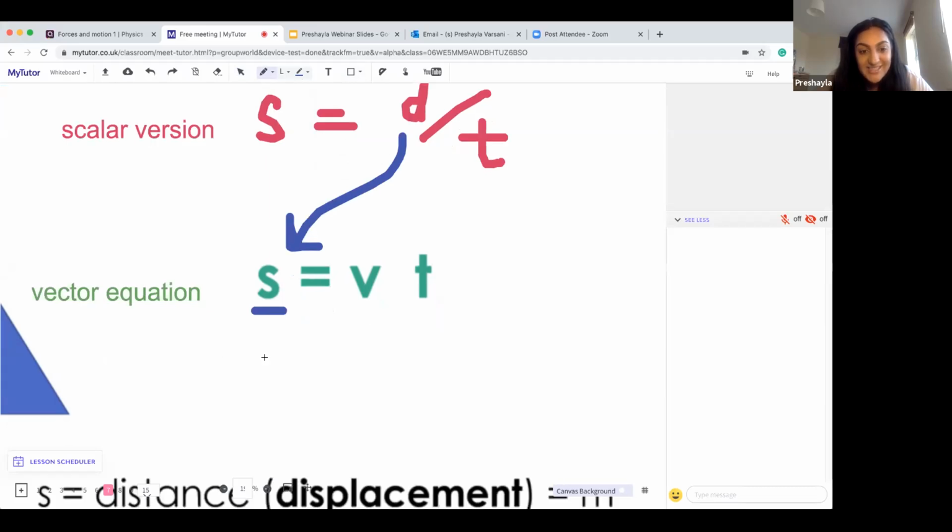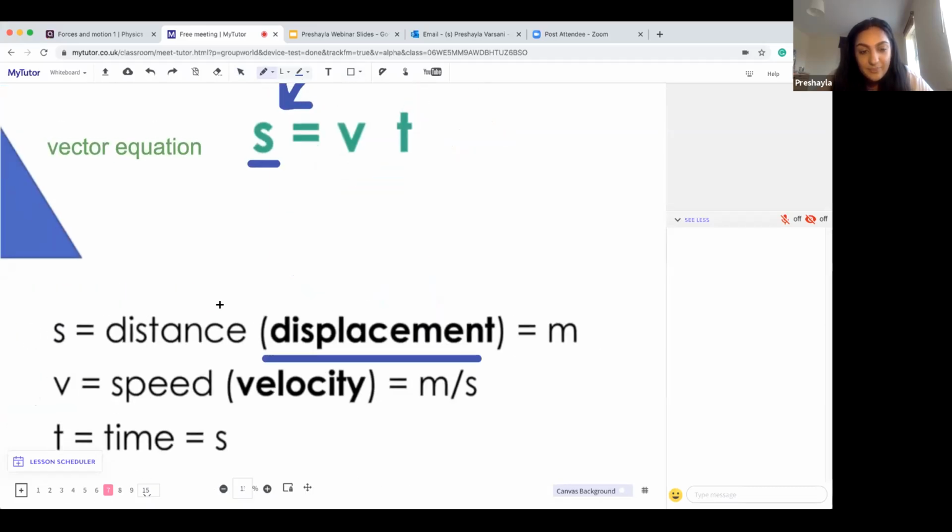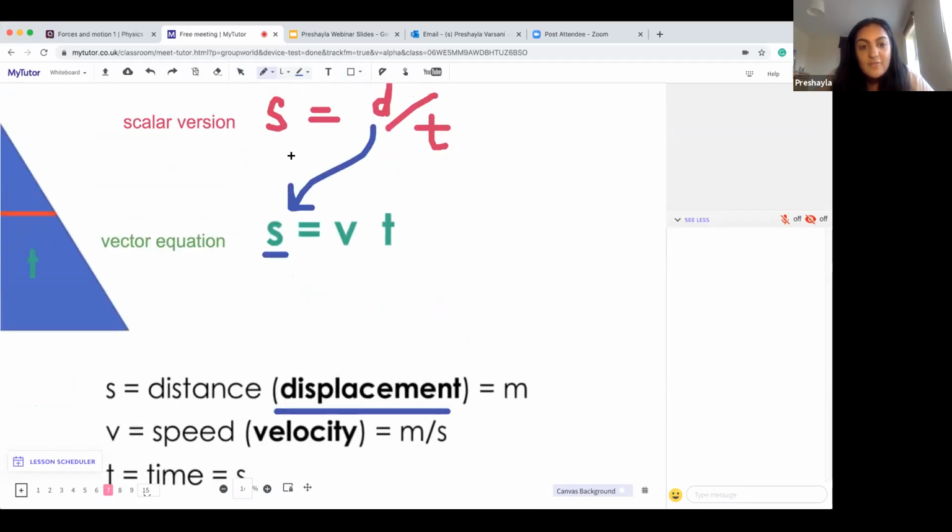S is displacement. Now this speed goes to velocity. So now we have our new vector equation: displacement equals velocity times time.